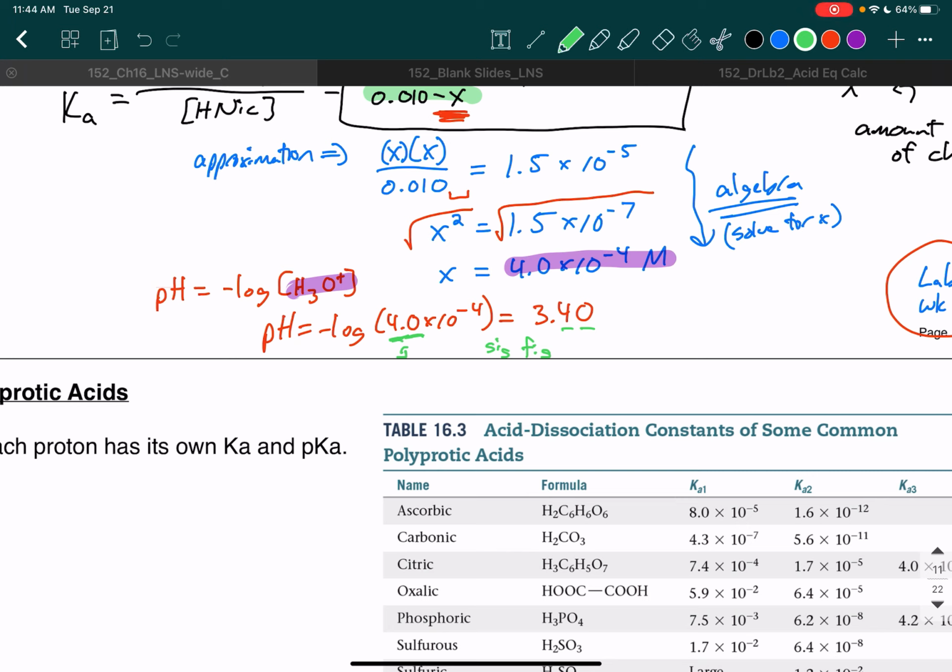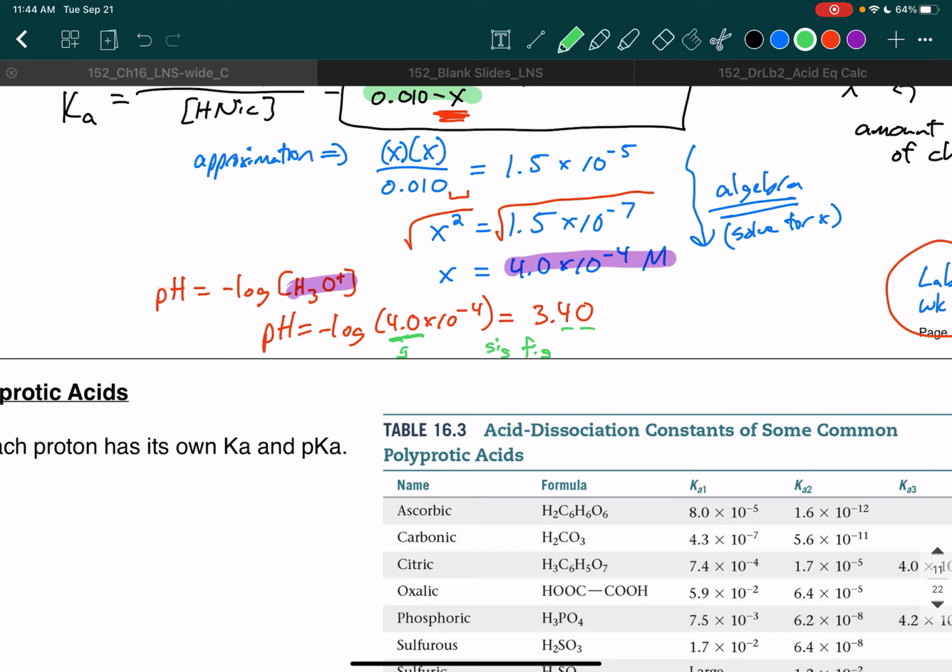If this were a multiple choice question, would it have the answers as the approximation or as the quadratic formula result?